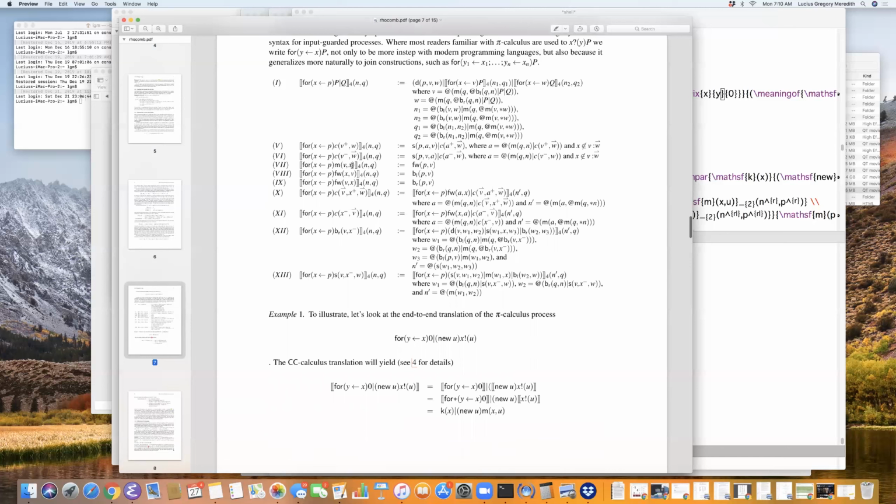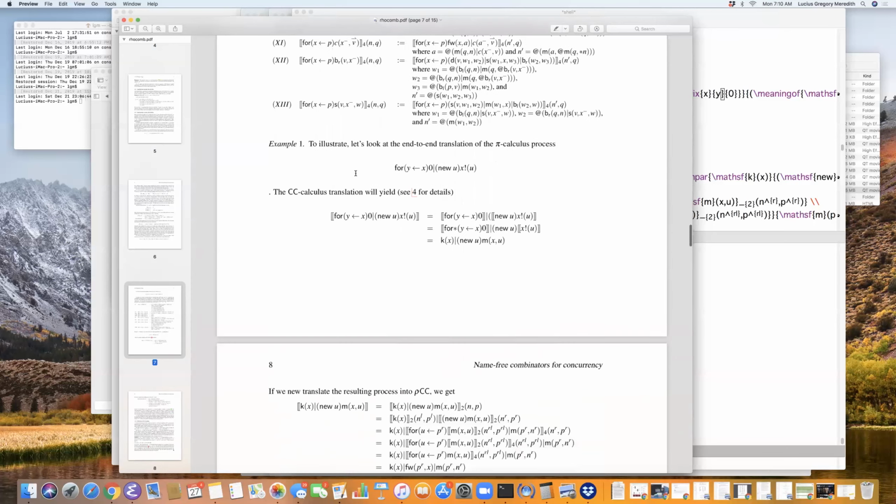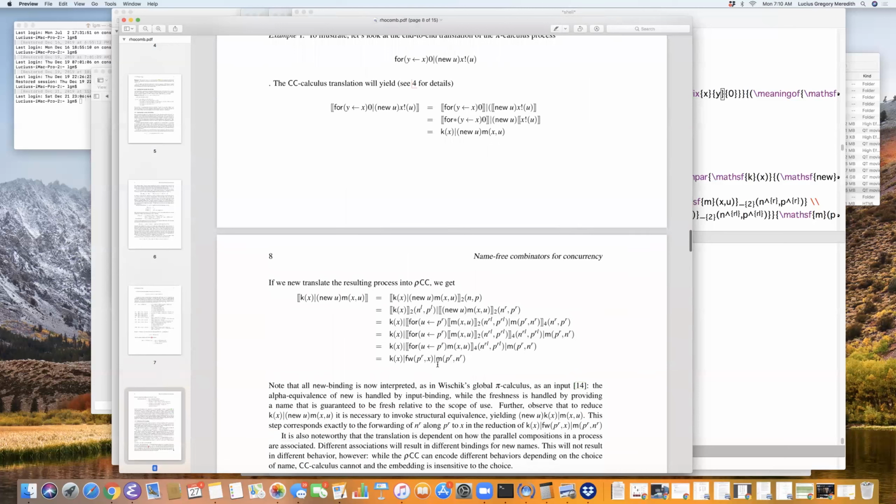So a message from V to X will become a forwarder from P to V. Right? So if we get something along P, and whatever that thing is X, we're just going to forward that along from P to V. So that's the general idea. So this thing here becomes that forwarder, right? So it's a PR, but in this case, this is playing the role of V, right? So from PR to X.